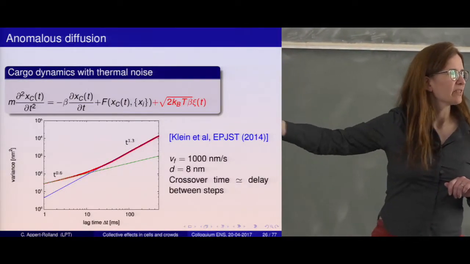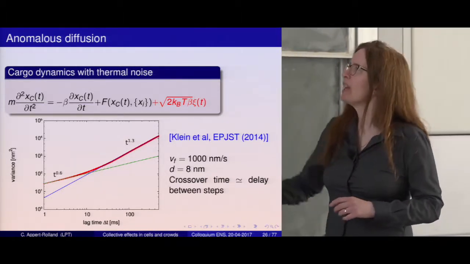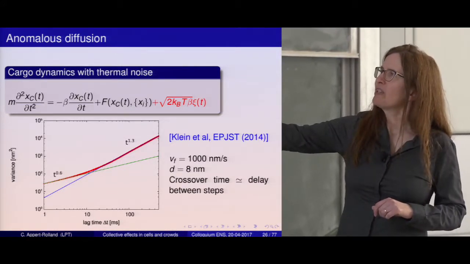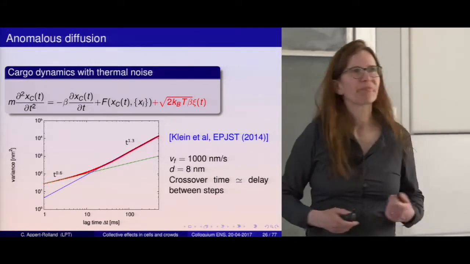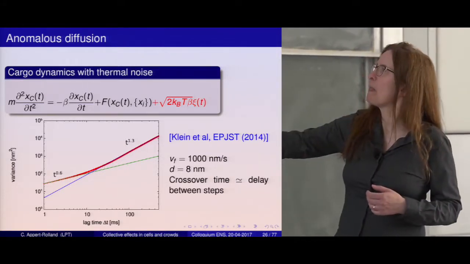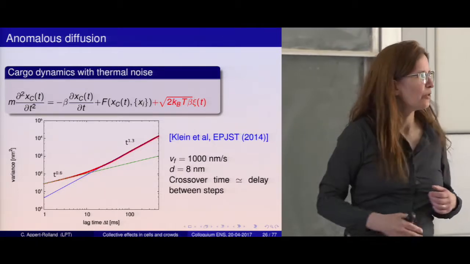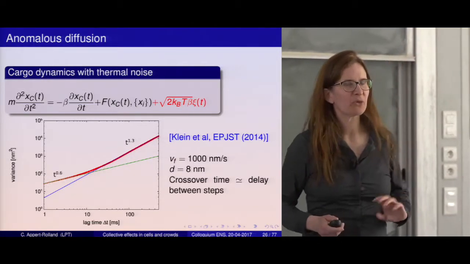So we do add some thermal noise to the motion of our cargo. And then what do we find? We still have the superdiffusion, but then we have a crossover towards subdiffusion. And this occurs on the order of 10 microseconds. So we are again in the good order of magnitude.